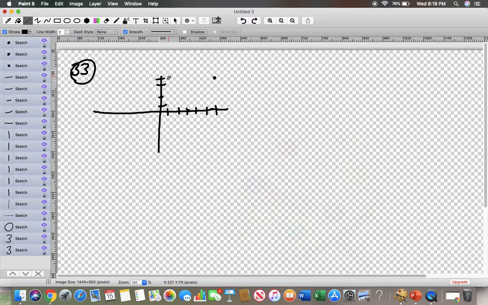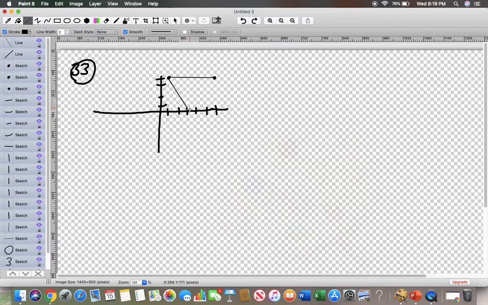So here's my triangle, and my points A, B, and C. And the instructions do tell you to draw the figure in a coordinate plane, so make sure you do that. Number 33, let's find the midpoint.